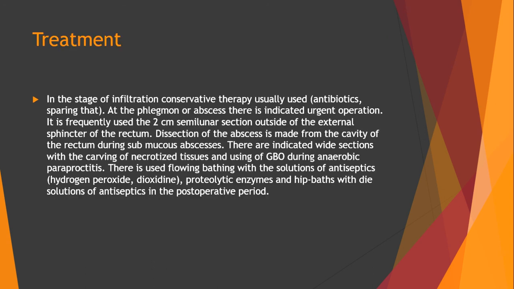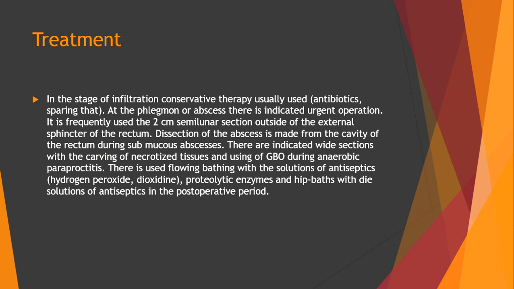Treatment. In the stage of infiltration, conservative therapy is usually used: antibiotics, sparing diet. At the phlegmon or abscess there is indicated urgent operation. It is frequently used the 2 cm semi-lunar section outside of the external sphincter of the rectum. This section of the abscess is made from the cavity of the rectum during submucous abscesses.